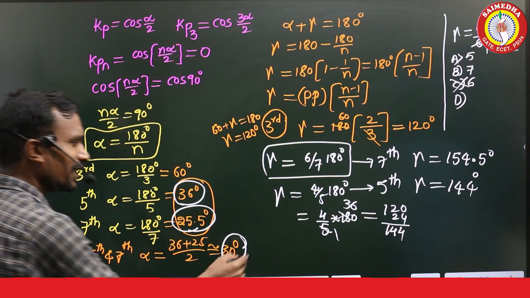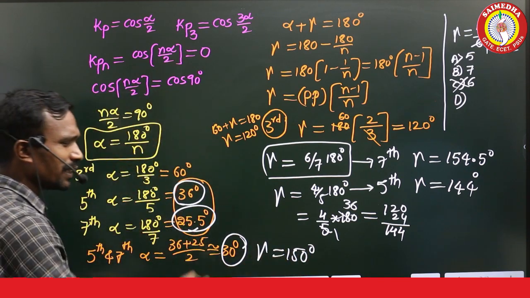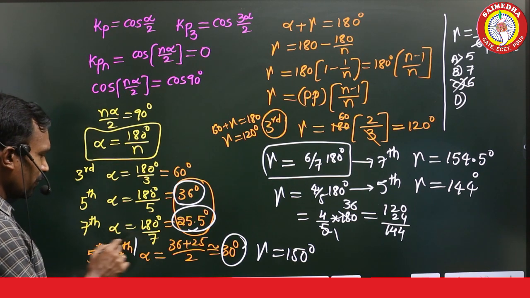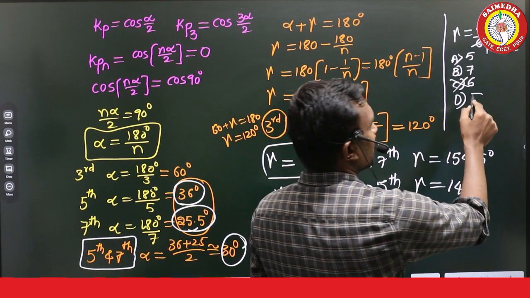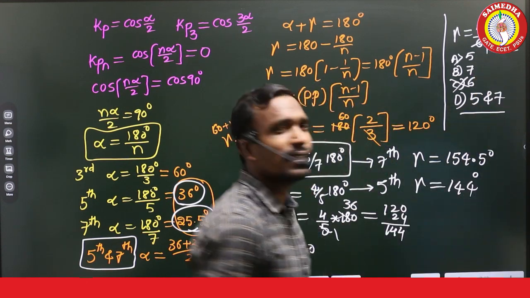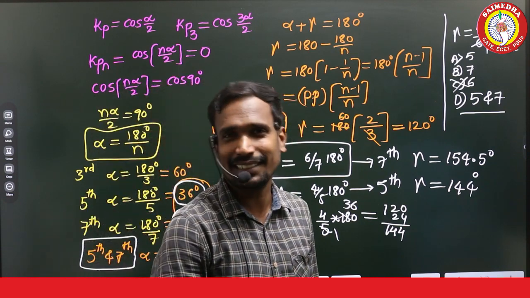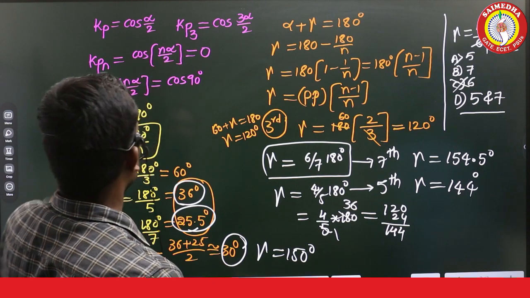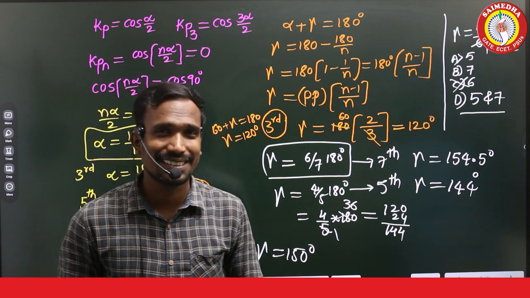If gamma is 150 degrees, alpha is 30 degrees, then the fifth and seventh order harmonics are eliminated if you maintain the coil span equal to 5 by 6th of the 180 degrees. Okay, questions like this sometimes they may ask you in competitive examinations, right, guys?